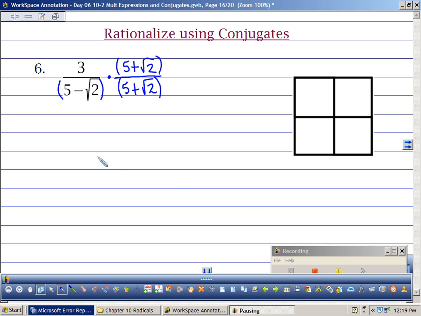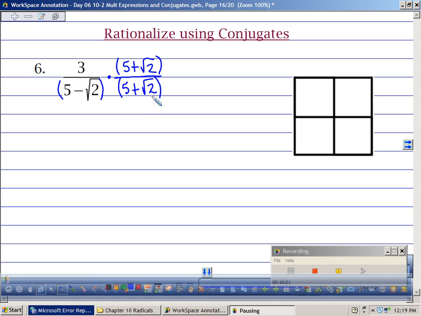So what's this one going to look like? A rad 2 times a rad 2 is a 2, so it will be 25 minus 2, which would be 23. All right, let me show you how it works.